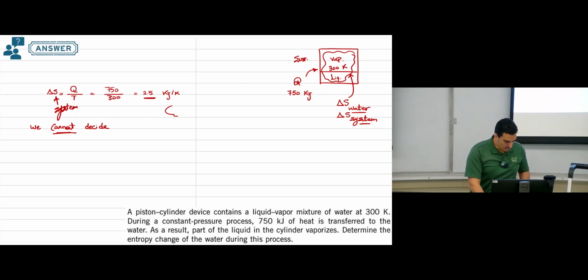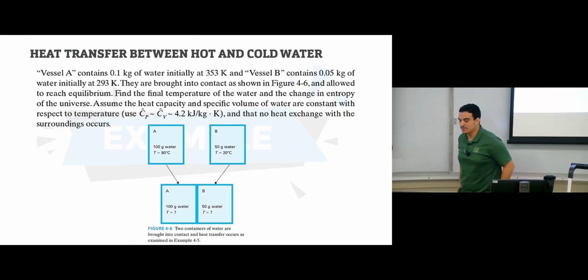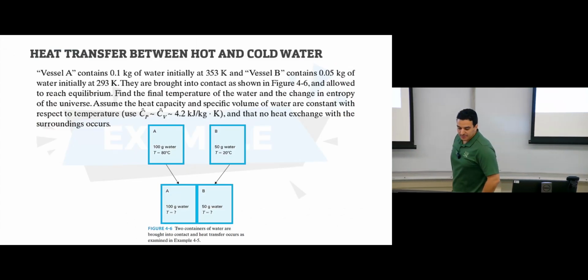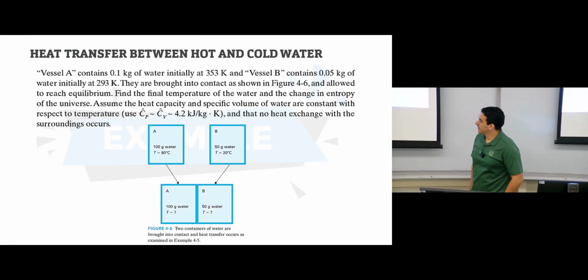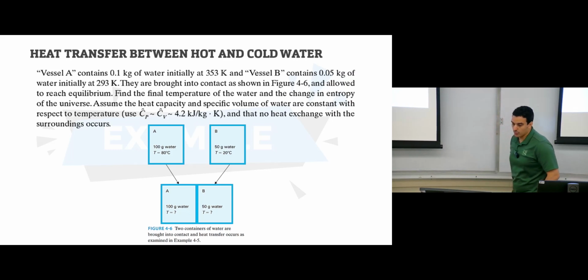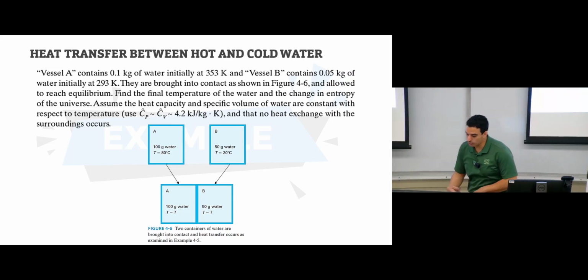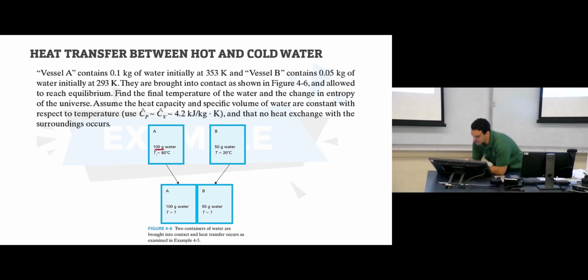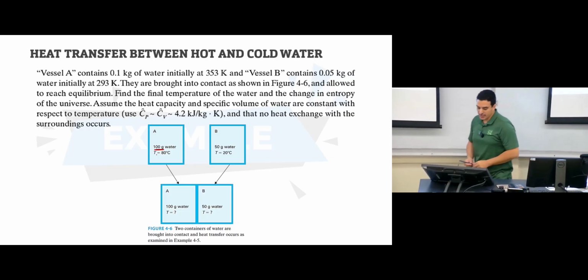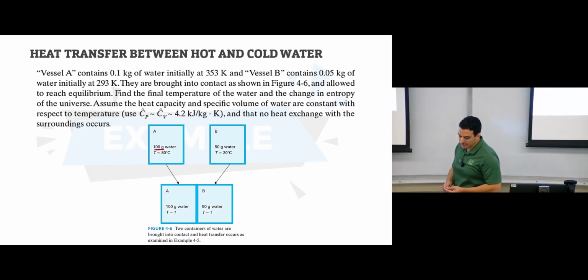Okay. So now this will take us to the second example. This example says we have vessel A. Vessel A contains 0.1 kilogram of water, which is equivalent to 100 gram, initially at 353 Kelvin, 80 degrees Celsius.